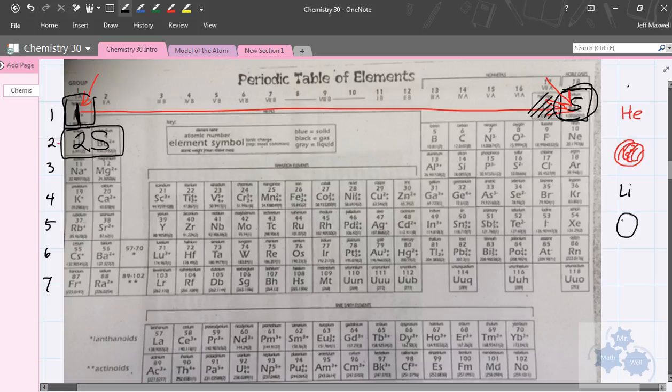We have 1 electron in the 1s. Do you remember when I was drawing the spin, that I drew the electrons like this? This is one of the ways you draw electrons. This would be a positive 1/2 spin. That's how you'd represent an electron with a positive 1/2 spin. You put a little tail on the top there, and this would be a negative 1/2 spin.